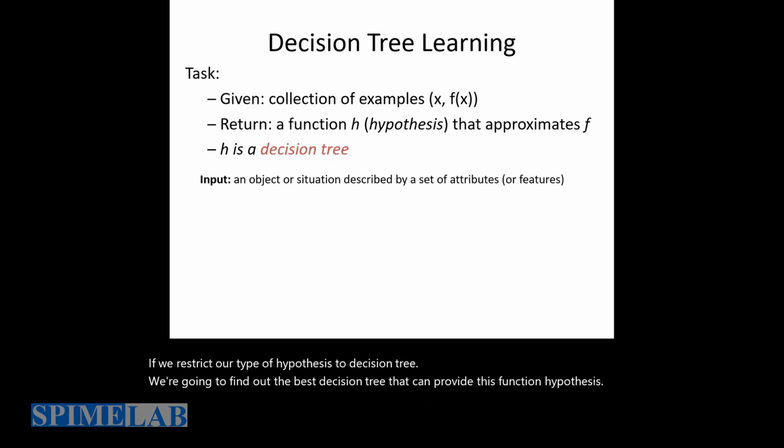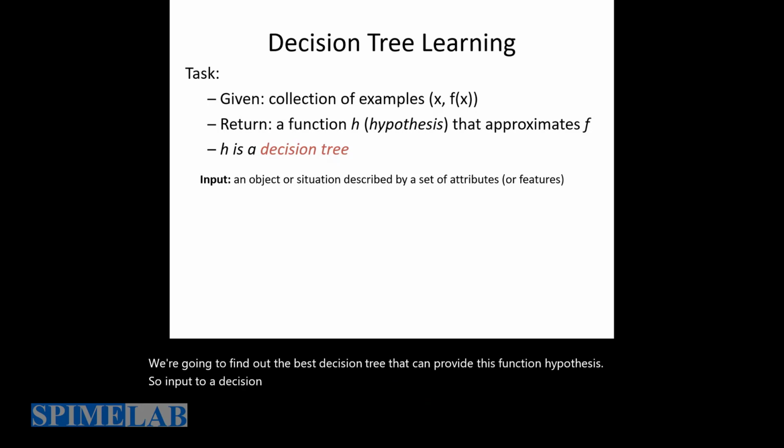So the input to a decision tree is an object or situation that is described by a set of attributes. When I mention attributes, that means we are talking about structured data where we have columns and rows. Each column is an attribute. So there will be n attributes.